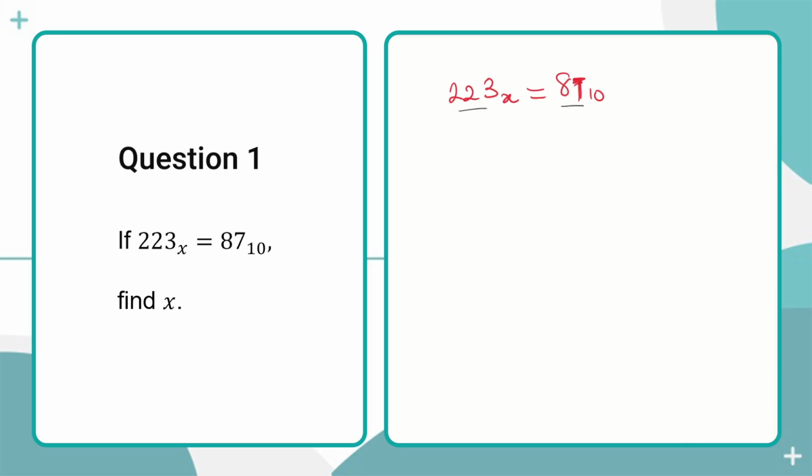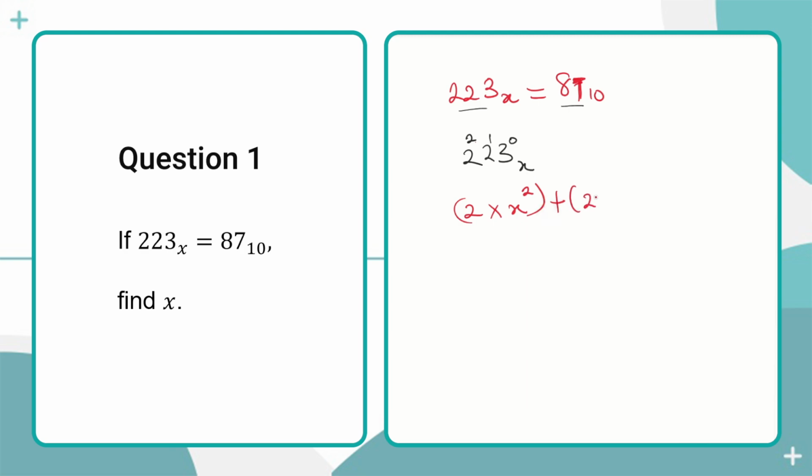In order to do that, we take the 223 base x, and number from the right-hand side. The 3 will be 0, the 2 will be numbered 1, and the 2 here will be numbered 2. So we are going to have 2 multiplied by x raised to the power 2, then the addition sign.